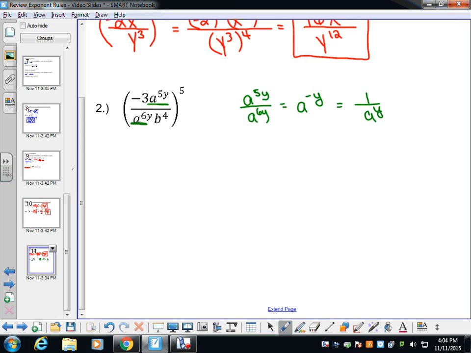So then I get negative 3 is the only thing in my numerator, a to the y, b to the 4th is what belongs in my denominator now.